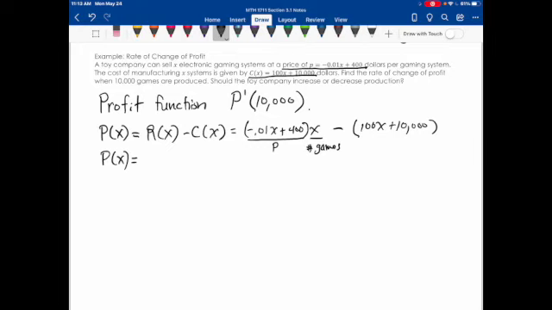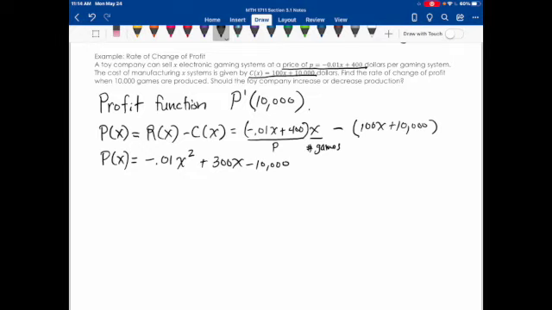Now, when we clean this up and we distribute the x and we distribute the negative in front of the cost function, we're going to get negative 0.01x squared plus 300x minus 10,000. So here is our profit function.